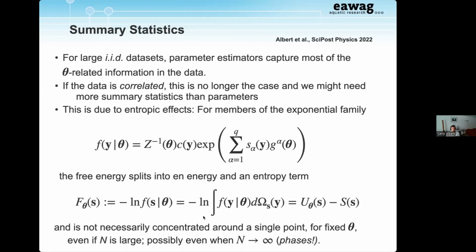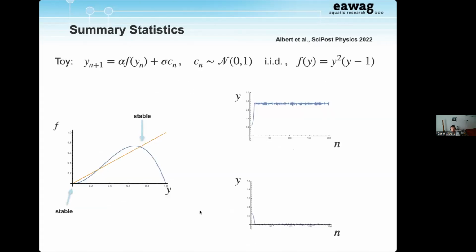These different types of model behavior can even persist in the limit as n goes to infinity, and that's what is then called the different phases in physics. So I have a little toy example just to show that this is not just something that happens in statistical mechanics models, but is more generic.